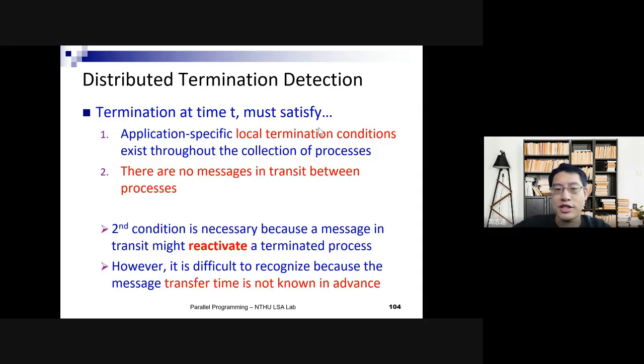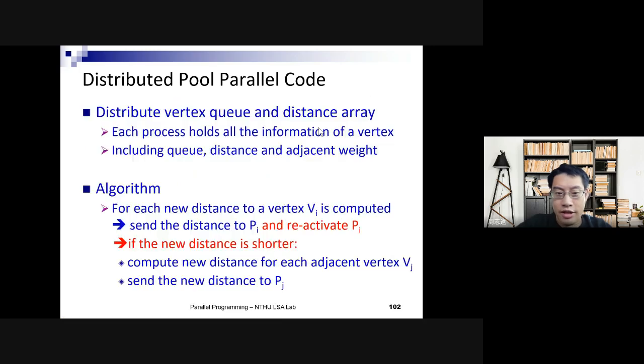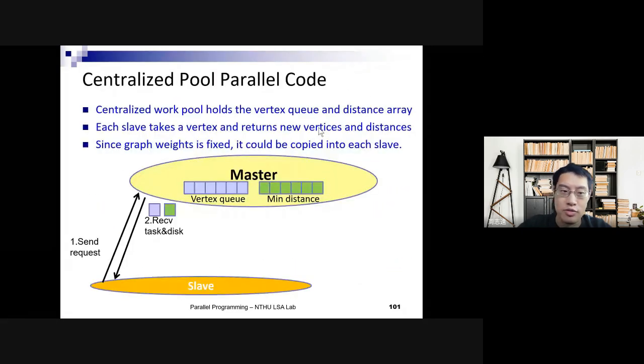For example, in the dynamic load balancing solution as shown over here, the master can determine when the program should finish by checking the work pool.